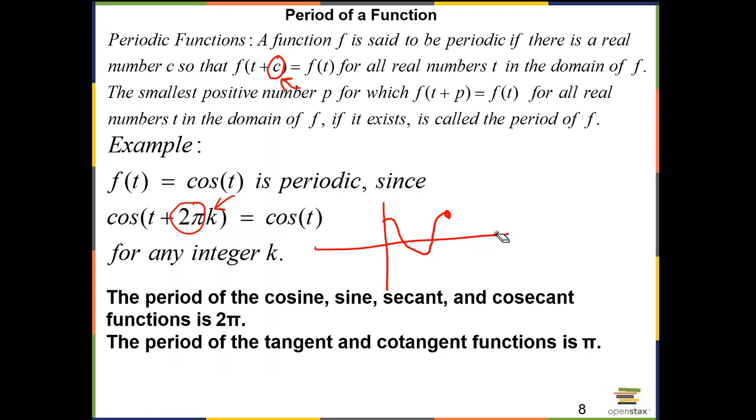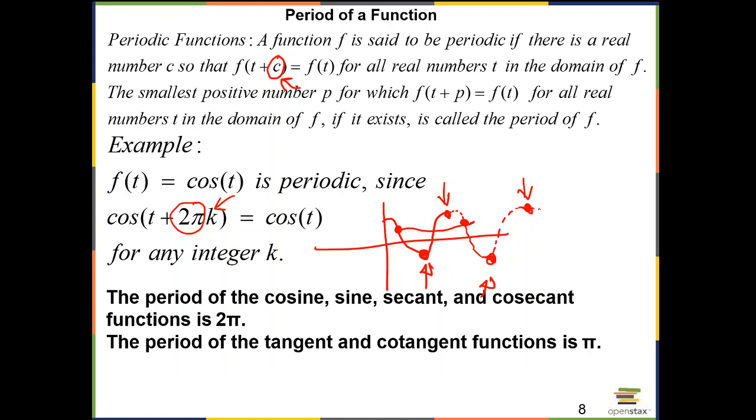If I make another cycle from here, this value right here repeats 2 pi later, right here. You pick any value, say this value here, and it repeats itself right there. How much later? 2 pi later. So every value will repeat itself 2 pi later.